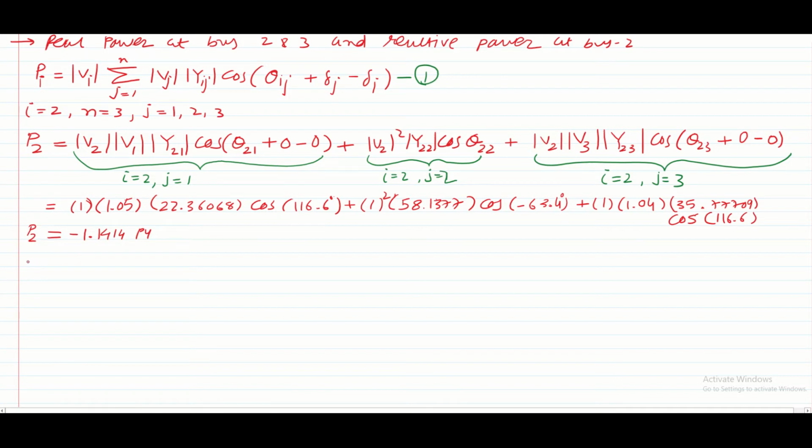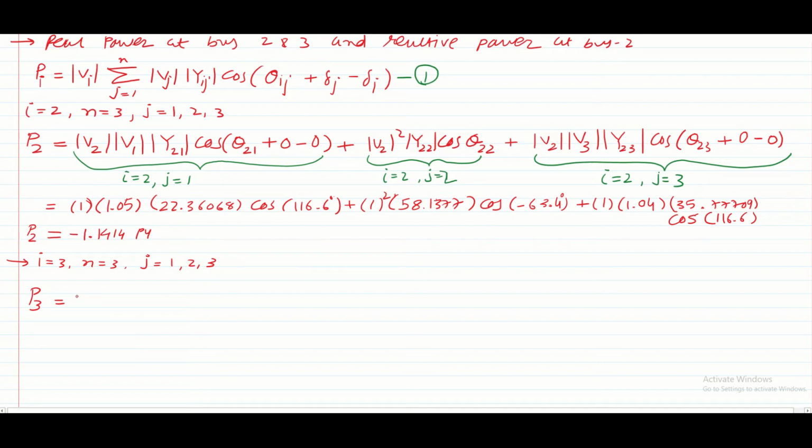Similarly, we will calculate the active power at bus number 3, which is P3. Here, for active power at bus number 3, we have to consider I equal to 3, N equal to 3, and J equal to 1, 2 and 3 in equation number 1. So I will write finally the equation for active power at bus number 3.